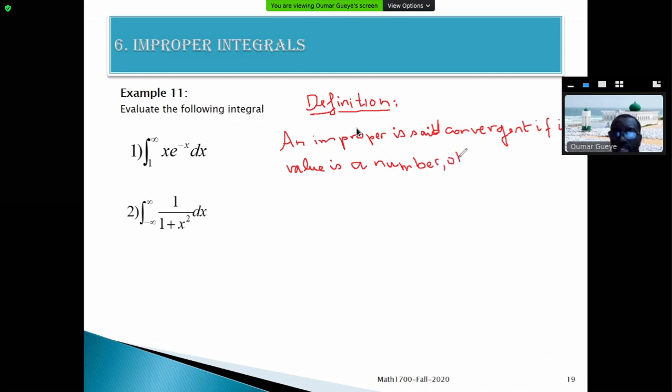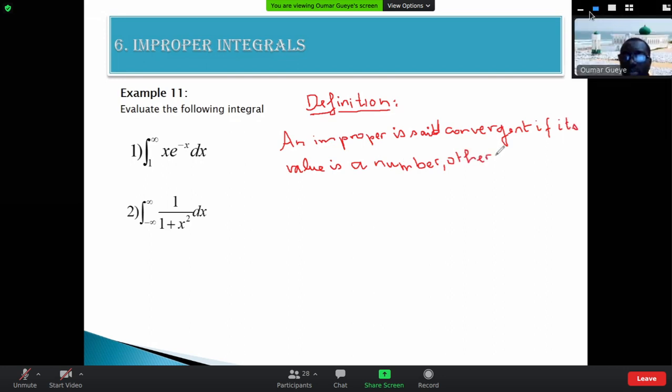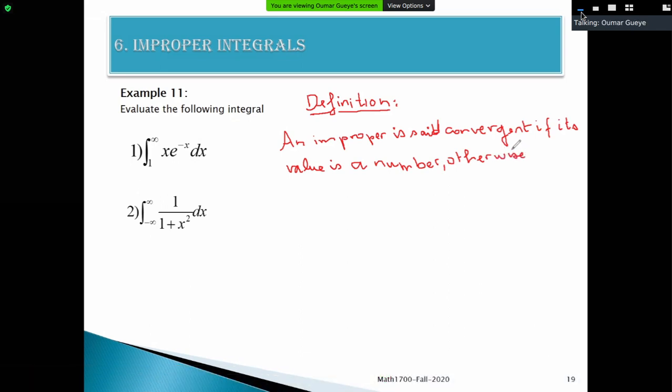Otherwise, the integral is divergent. So if the integral is not convergent, we conclude the integral is divergent.